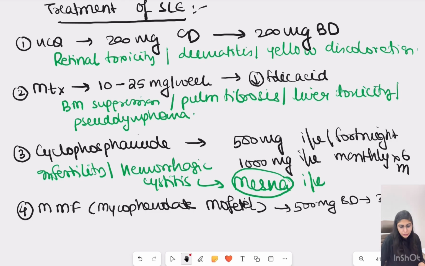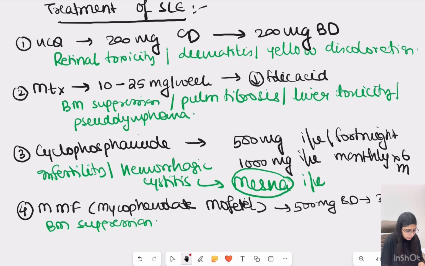So we can go up to 1.5 gram twice a day. And what are the adverse effects? So it can lead to bone marrow suppression again, and immunosuppression. These are all immunosuppressants.